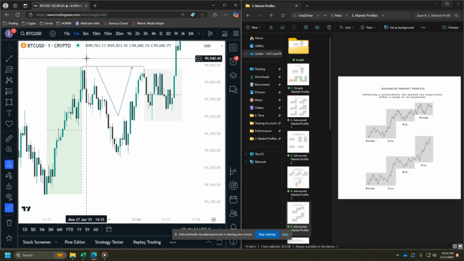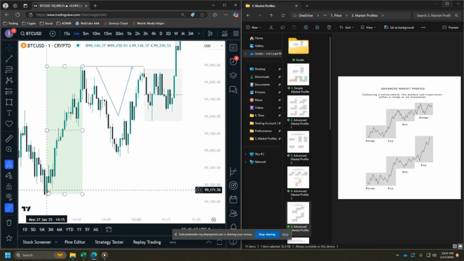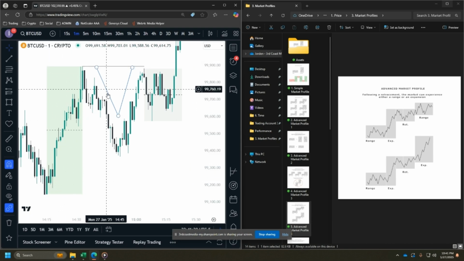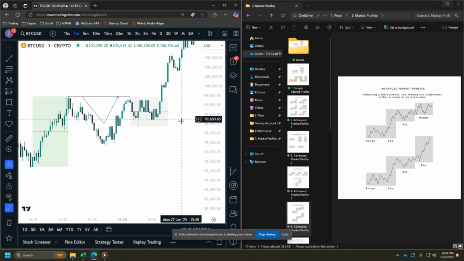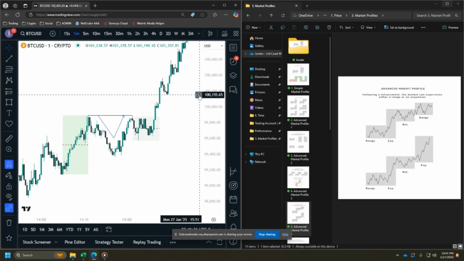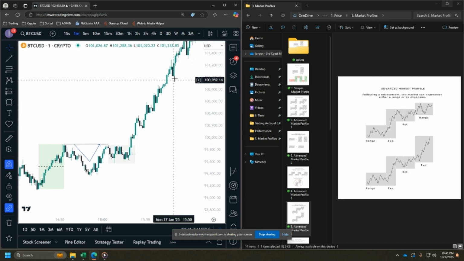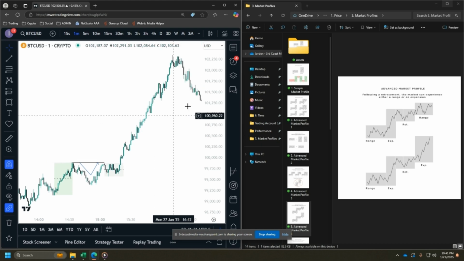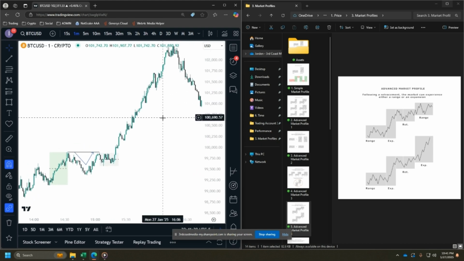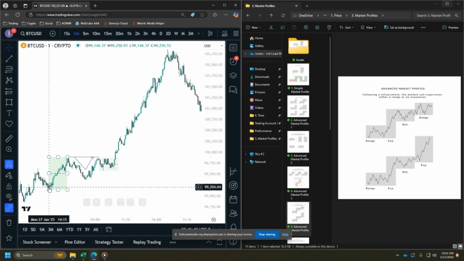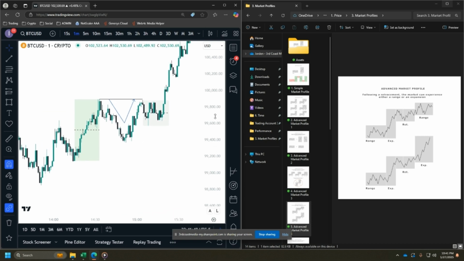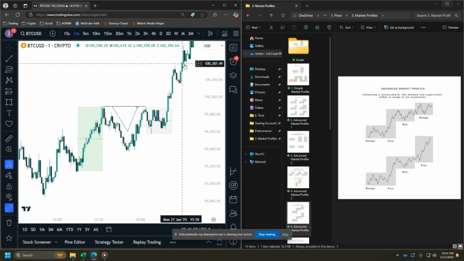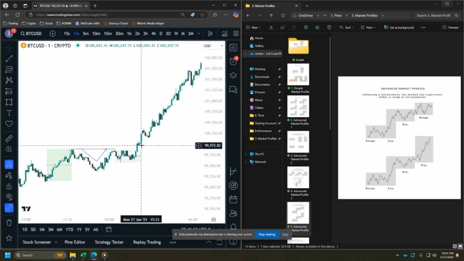If we saw this expansion, we saw this retracement, and then we saw this range, after a range we could potentially anticipate this next expansion. And as you can tell, price expanded pretty aggressively upwards. So the goal is to spot scenarios where we identify these market profiles, and then we try to find moments where we could take advantage of the movements that we anticipate.